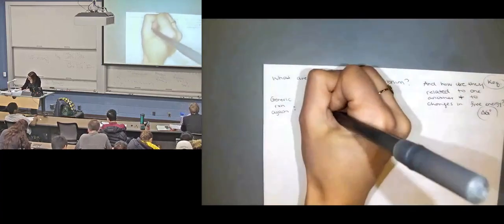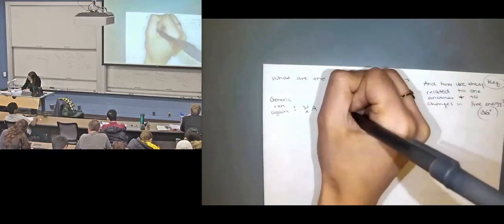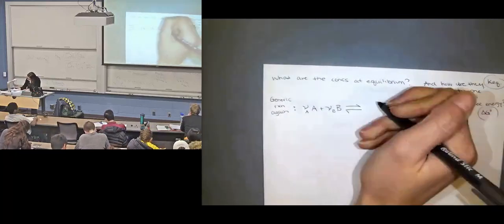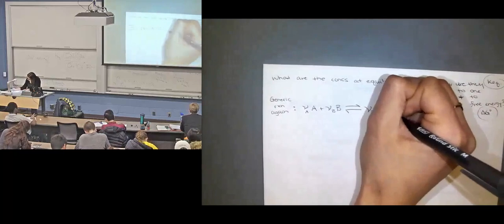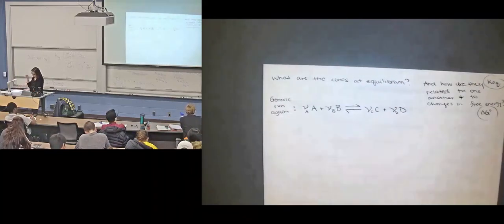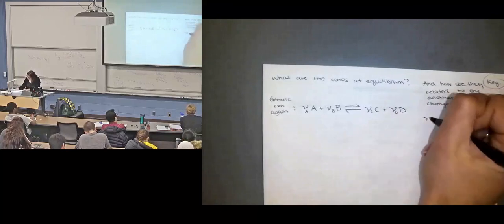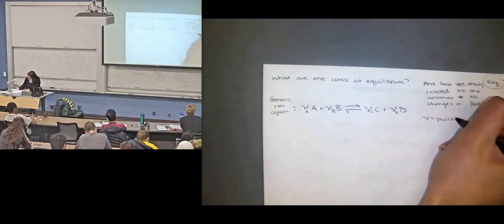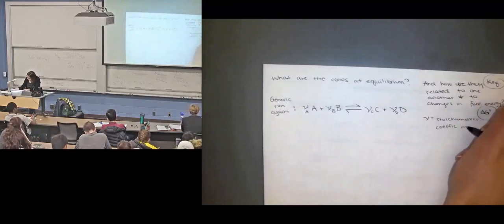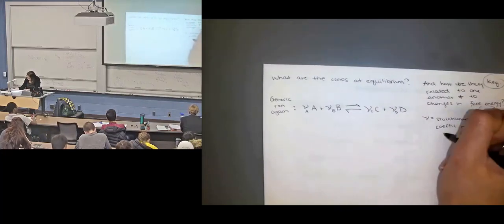Reactant A plus the stoichiometric amount of B that we need to react, forming some stoichiometric equivalent of product C and some stoichiometric equivalent of product D. All my nus are the stoichiometric coefficients needed to balance the reaction.